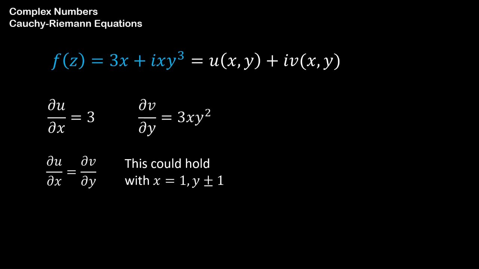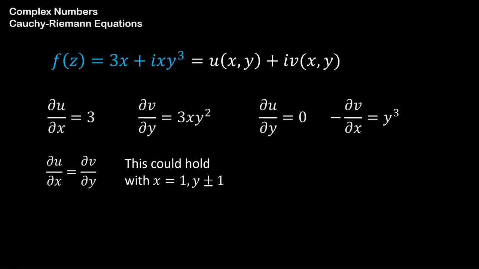Since there are points in x and y where the Cauchy-Riemann equations still hold, let us check the second equality. Checking the partial derivative of u with respect to y, it is equal to 0, and the partial derivative of v with respect to x is equal to y cubed.